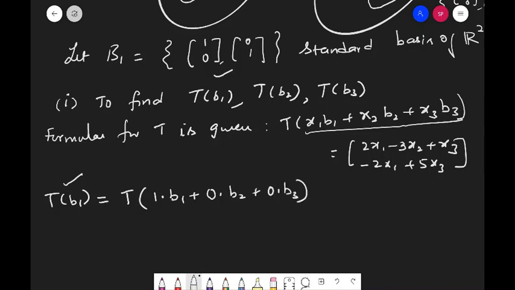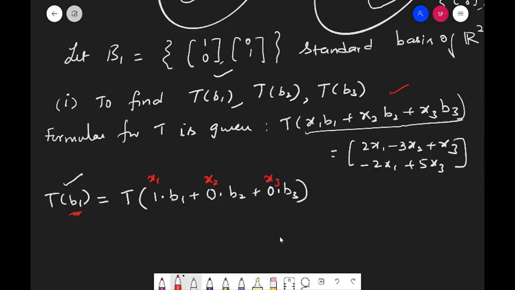Because I can apply this transformation formula only when the element on which T is applied is in that form. So x1 is 1, x2 is 0 and x3 is 0.